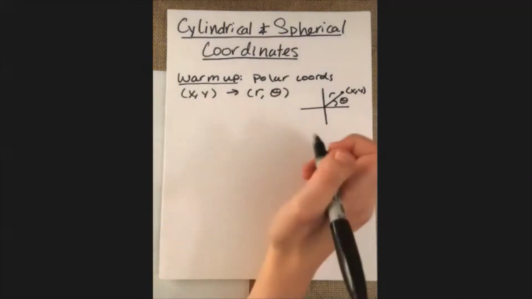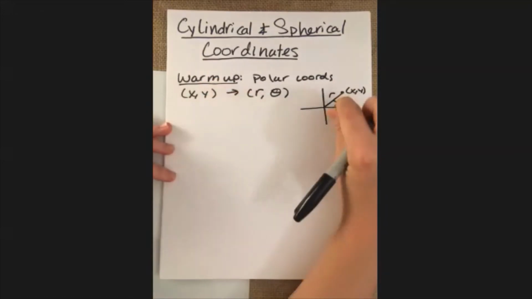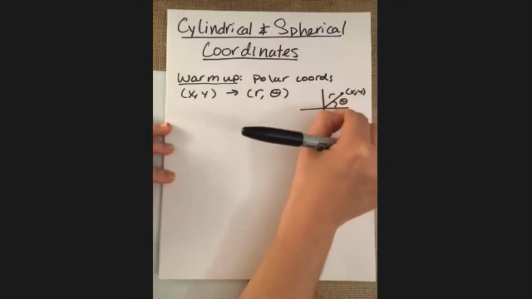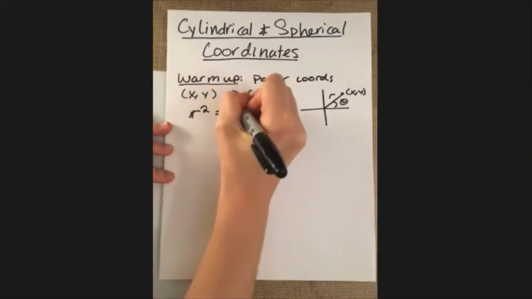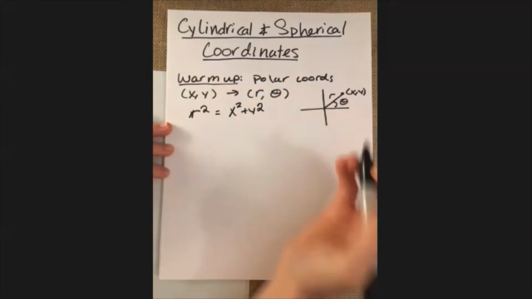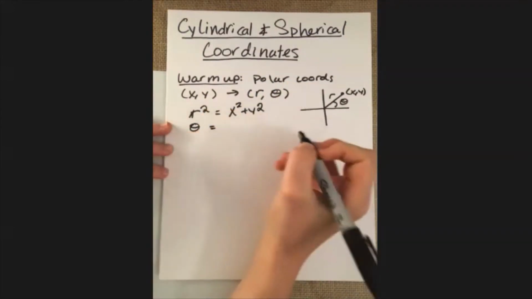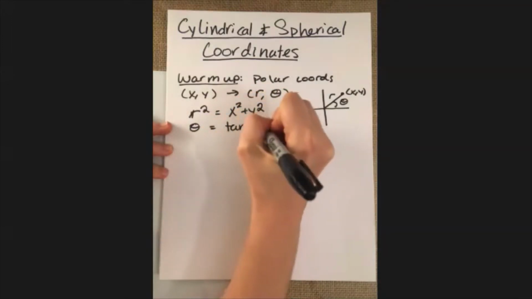And so in order to get r and theta from our information of x and y, you just use the Pythagorean theorem here. r squared is equal to x squared plus y squared. And then a little bit of trig tells you that theta is equal to inverse tangent of y over x.